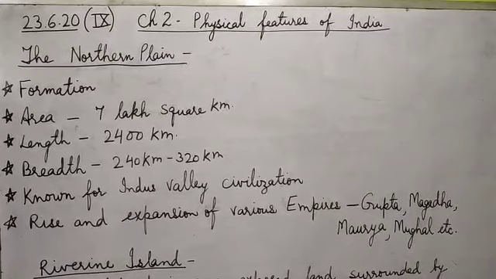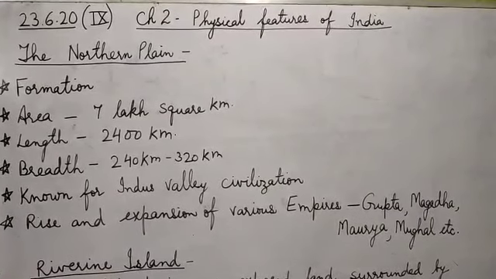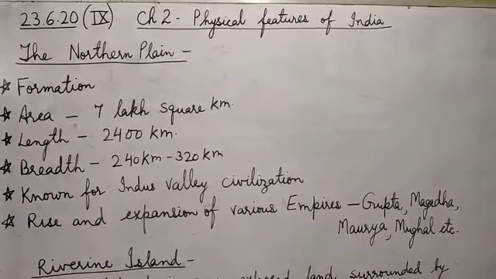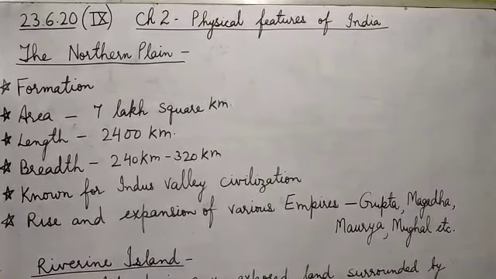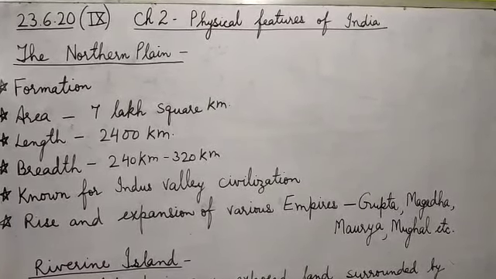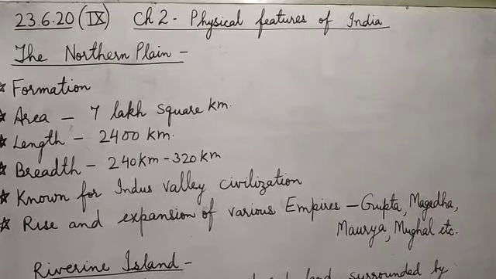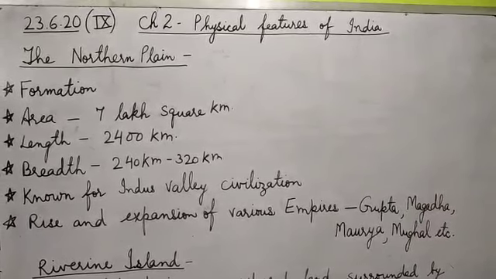Because of this deposition in the vast depression, a very fertile plain has been formed, known as the northern plain, also known as the Indo-Gangetic plain.